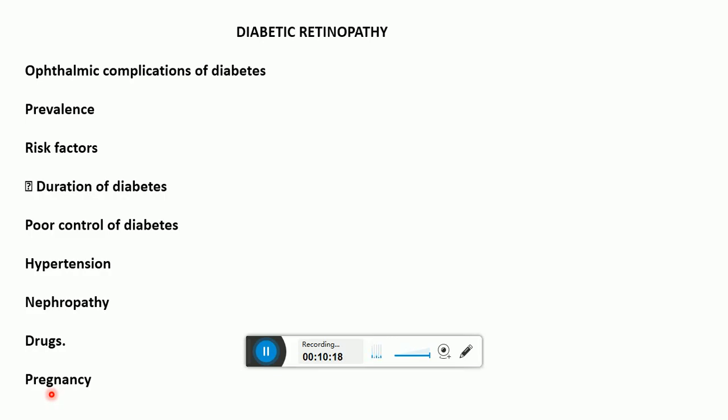The risk of progression is related to the severity of diabetic retinopathy in the first trimester. Approximately 5% with mild diabetic retinopathy and a third of those with moderate diabetic retinopathy will progress to proliferative diabetic retinopathy during pregnancy.